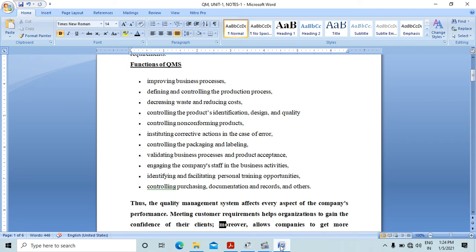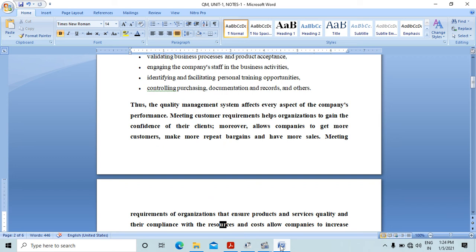Thus, we can say that the quality management system affects every aspect of the company's performance. Means the company performance depends upon the quality. If customers demand your product and if they are satisfied, then you can survive in the market. Meeting customer requirements helps organizations to gain the confidence of their clients.